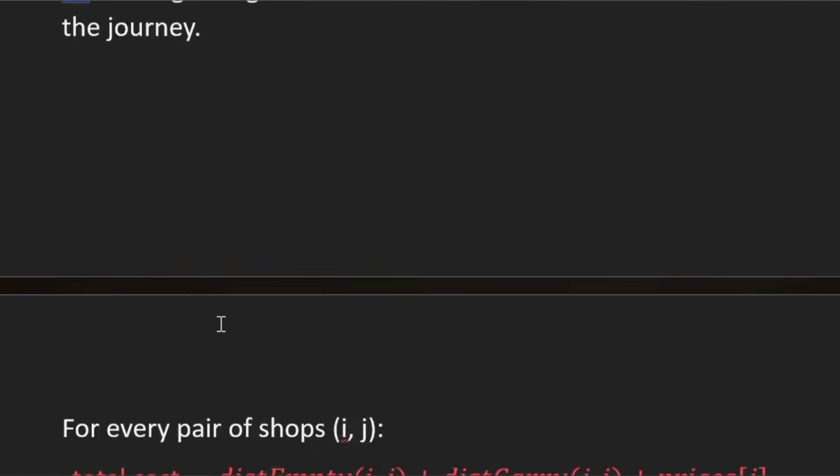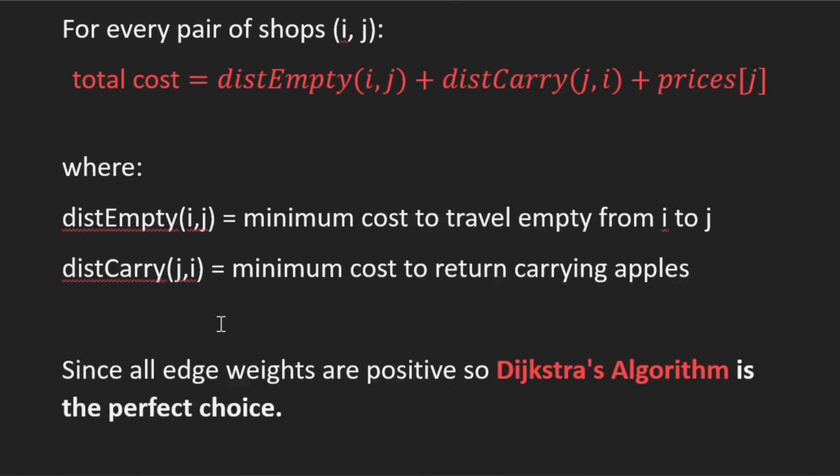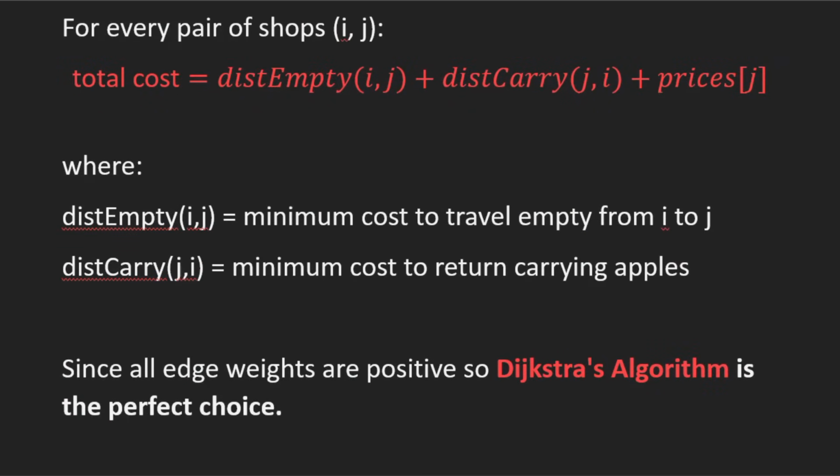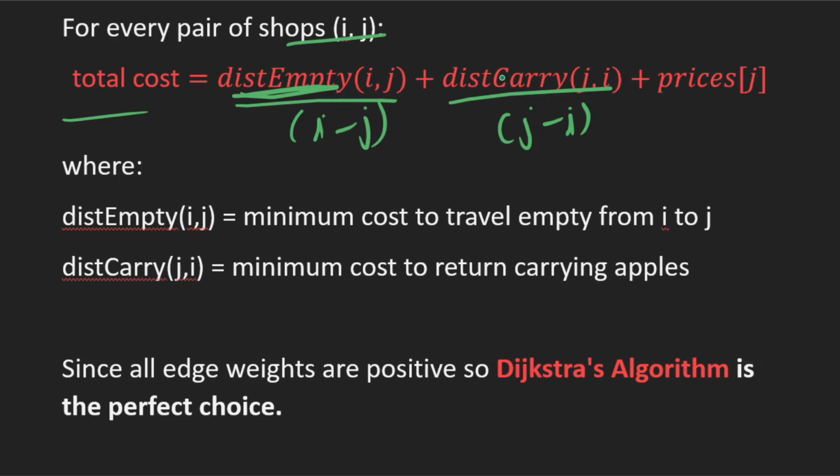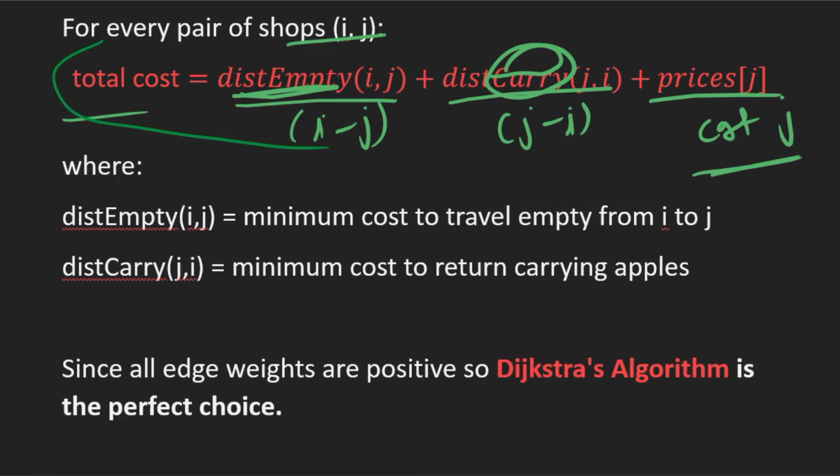So for every pair of shops i, j, the total cost will be the cost from i to j empty handed, meaning without apples, then the cost from j to i carrying apples, plus the cost of apples at shop number j. So this will be the total cost.